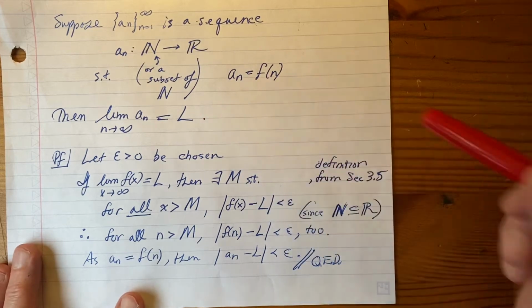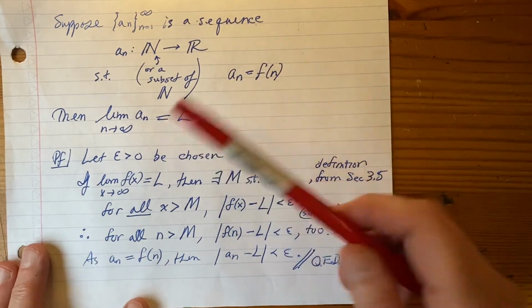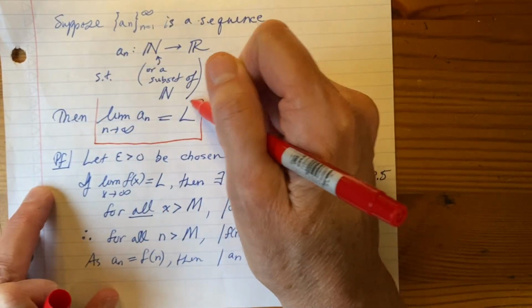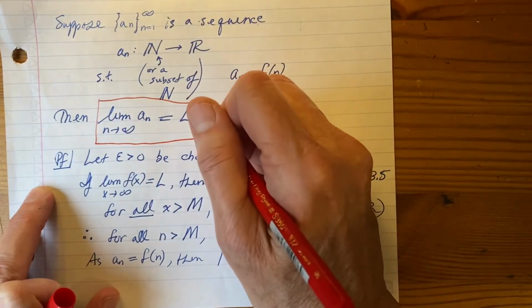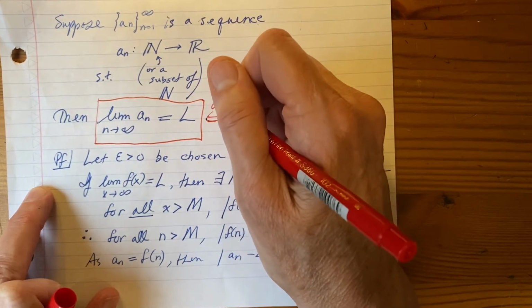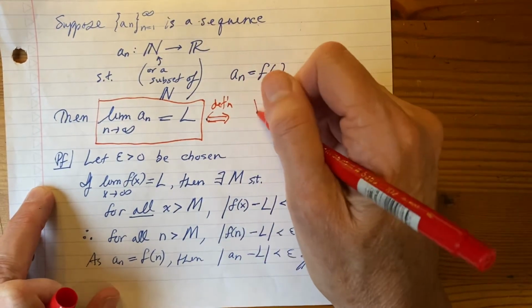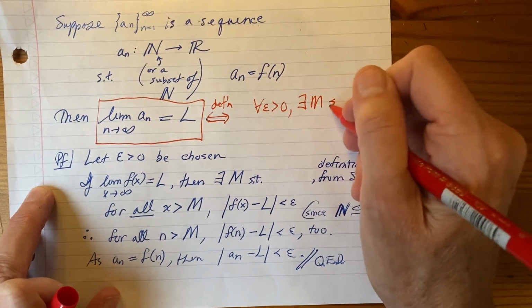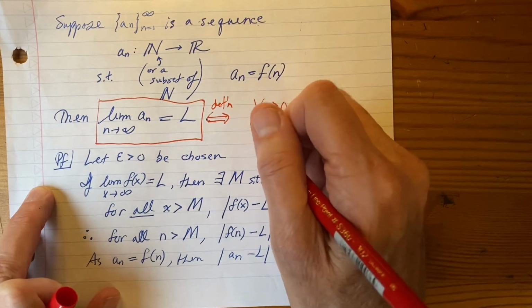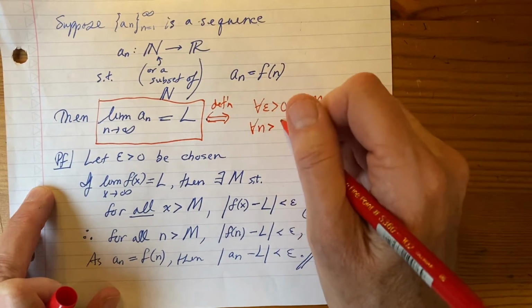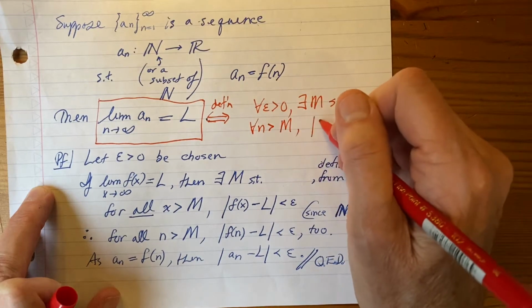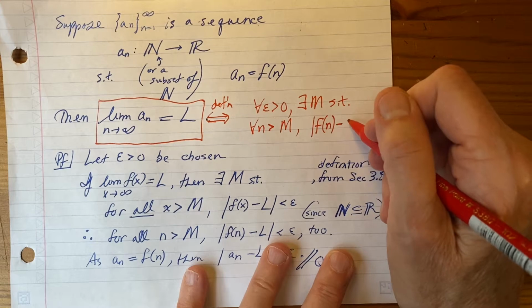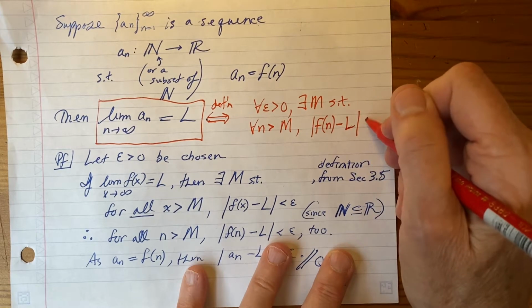Now remember, this phrase, the limit of a sub n equaling L as n approaches infinity, has a very specific definition, right? Its definition is that for all epsilon greater than 0, there exists some m such that for all n greater than m, f of n minus L should be less than epsilon.